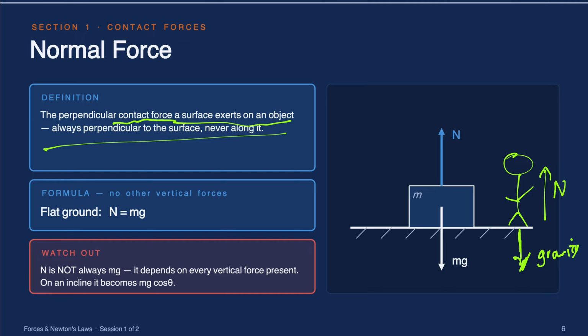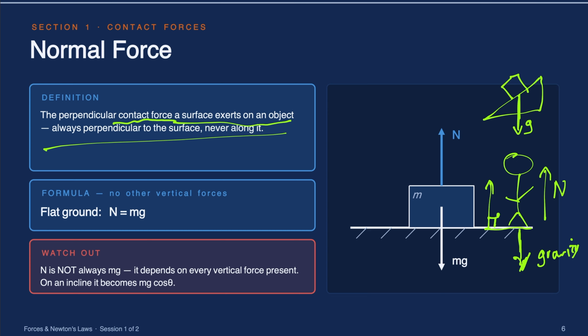Okay, it acts perpendicular to a surface, which means it's always at a right angle to the surface an object is on. So you see how this is perpendicular. Gravity doesn't need to be at right angles. In this case it is, but normal always has to be at right angles. So if you had a ramp here, and a block here, gravity would just pull straight down, okay? Gravity always just goes straight down.